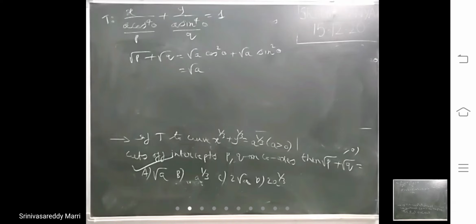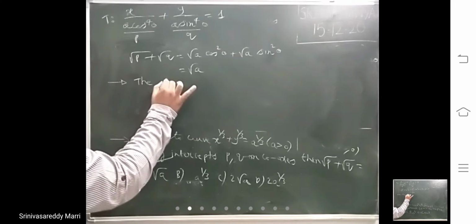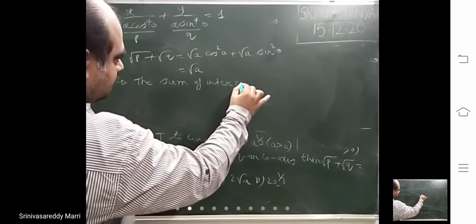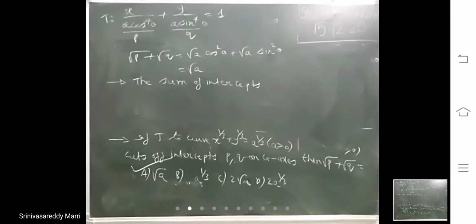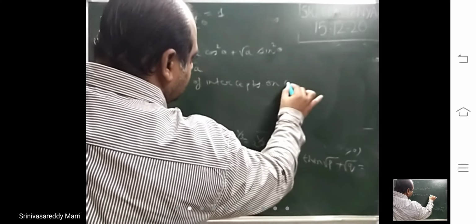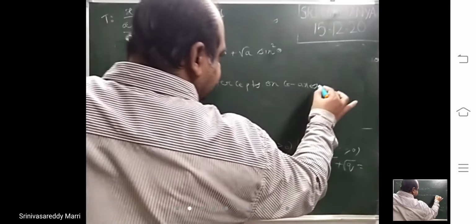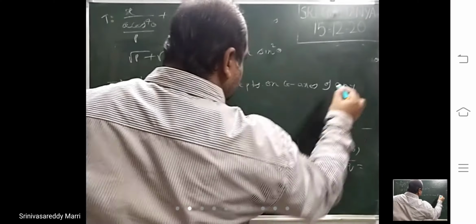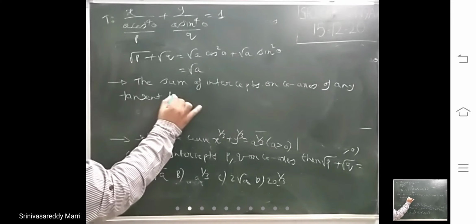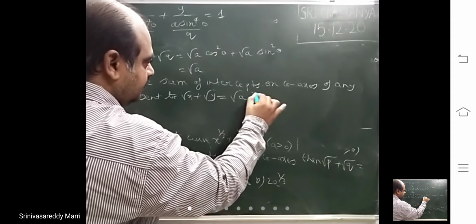Next, the sum of intercepts on coordinate axis of any tangent to root x plus root y equal to root a is dash.